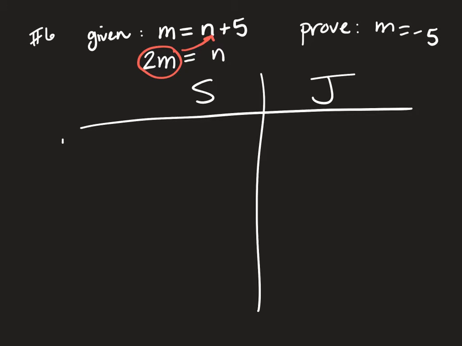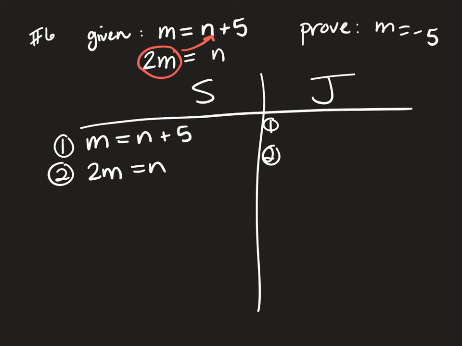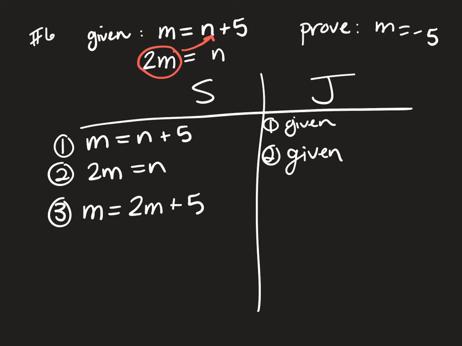So again, our first 2 steps in this case would be our givens. All right, and then step 3, we're going to go ahead and do that substitution. So we'll have m equals 2m plus 5.